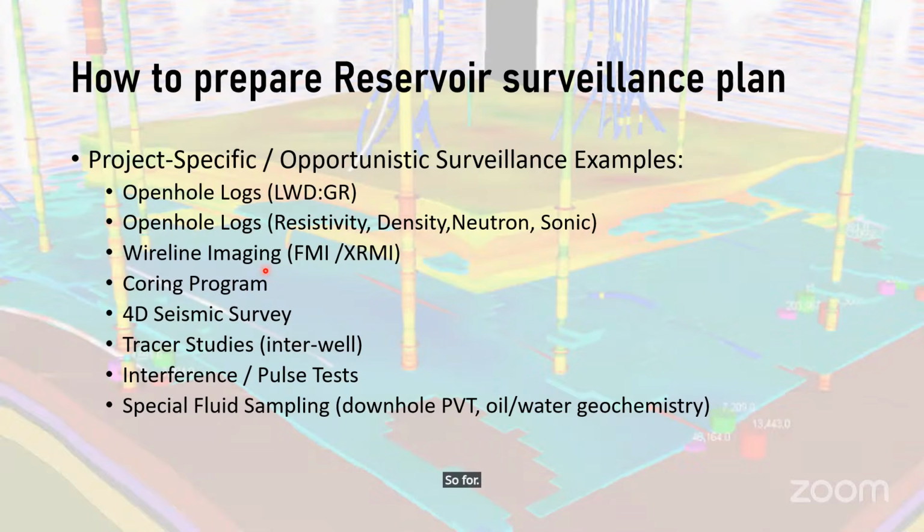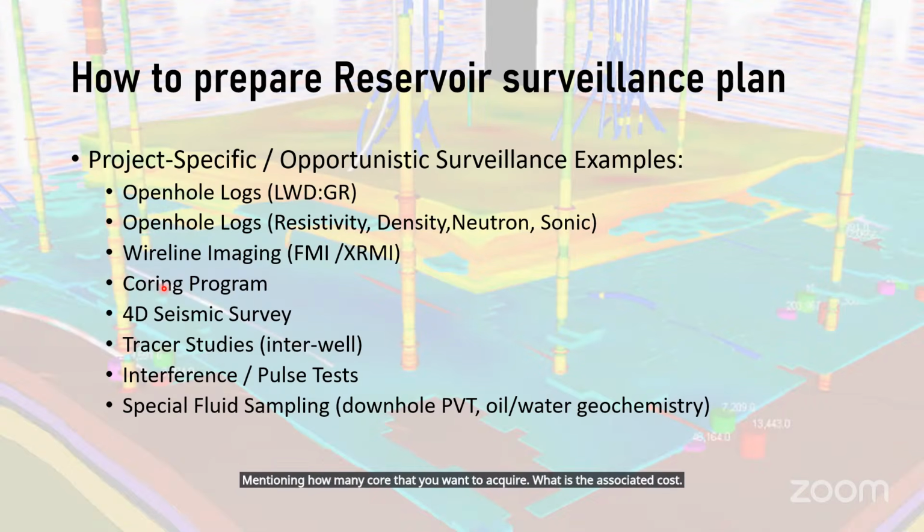So for all of this data, when you set it into your surveillance plan that will be presented to the management, you mention how many cores you want to acquire, what is the associated cost, and what is the impact when you pick this data.